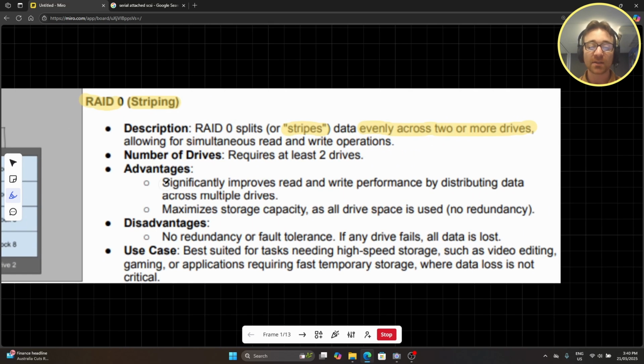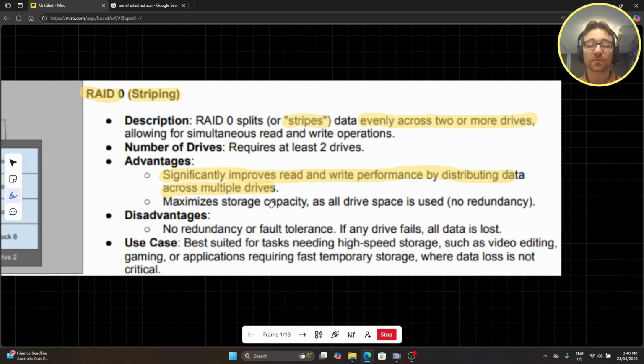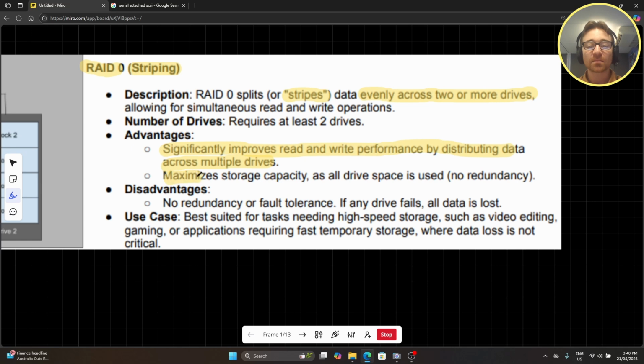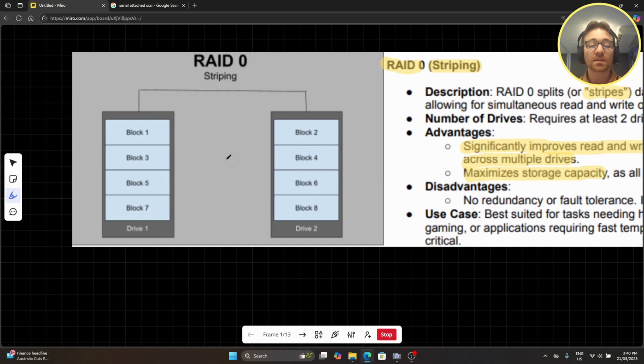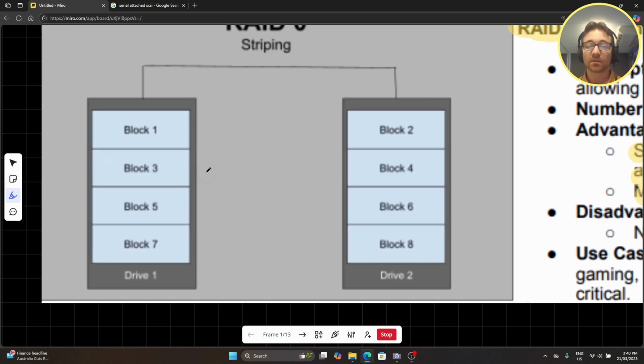So the advantages are that it significantly improves read and write performance by distributing data across multiple drives. It also maximizes storage capacity, because if we had block 1 here and block 1 over here as well, and we doubled it, we would really only have the storage capacity of one drive, right?